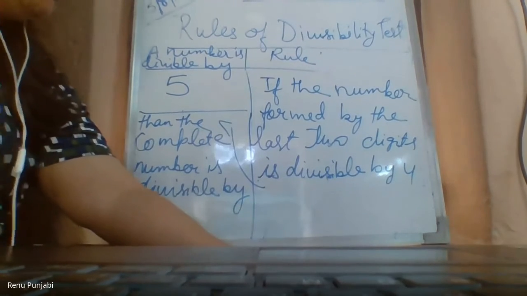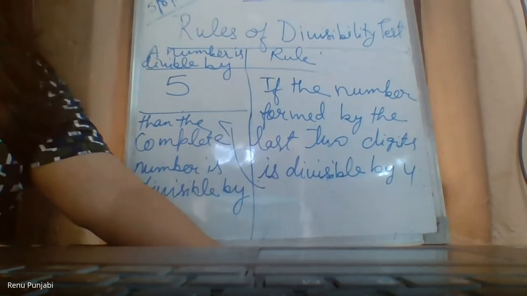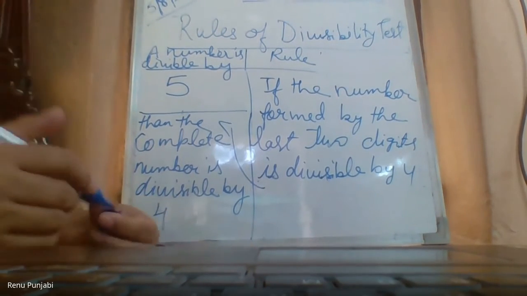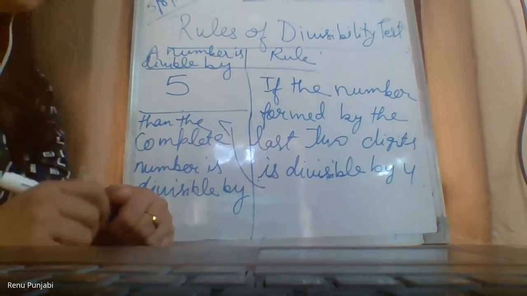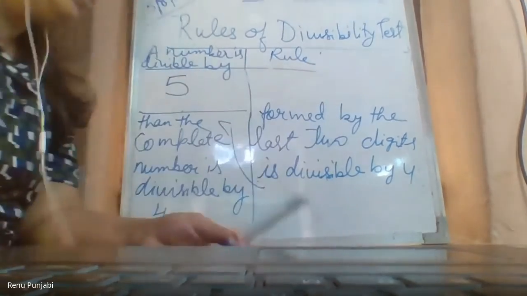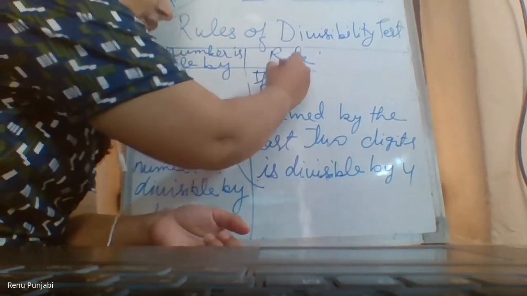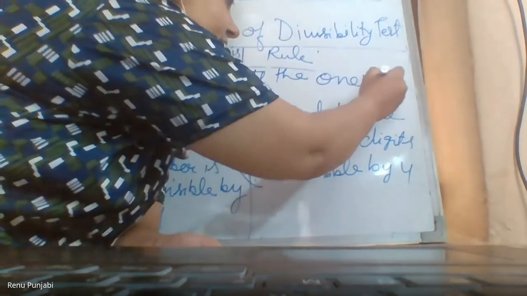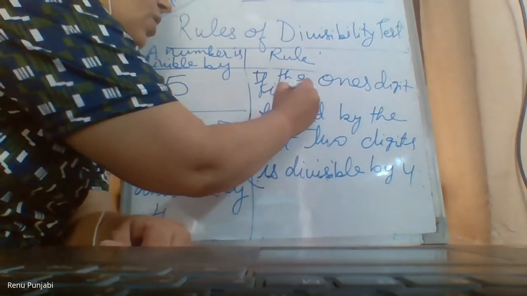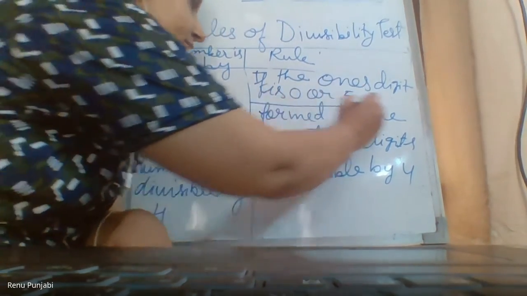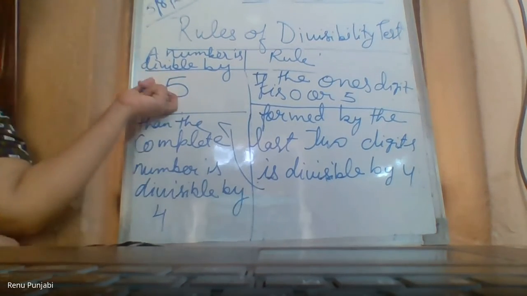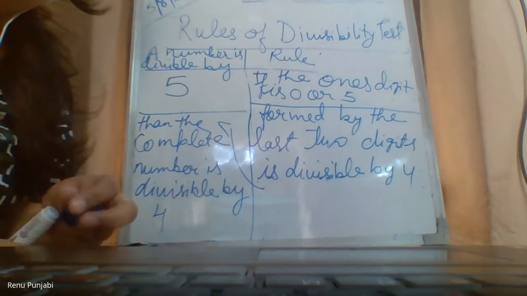So for the divisibility of 5, if the ones digit is 0 or 5, then the complete number is divisible by 5.